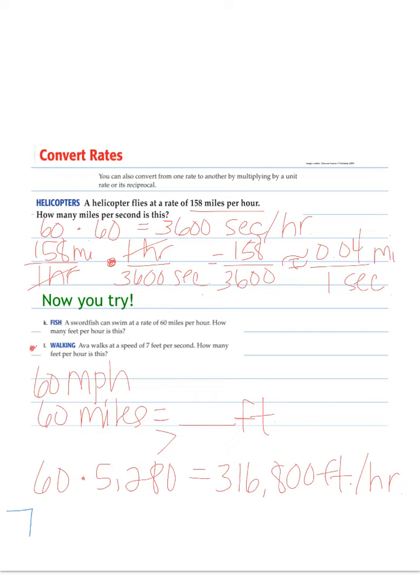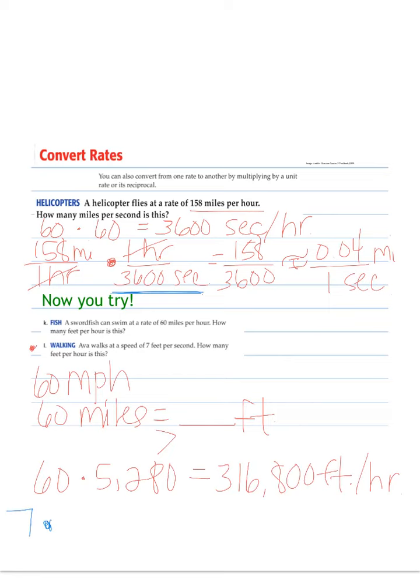So because we converted 1 hour into 3,600 seconds, a second is smaller than an hour. But because we want to know how many total feet she goes in an hour, we are going to take 7. So for every second that she walks, she goes 7 feet.